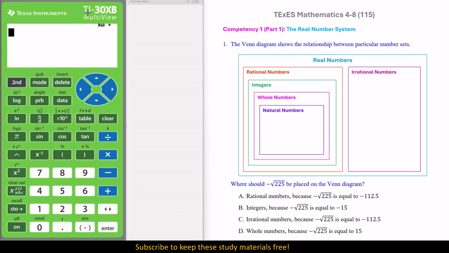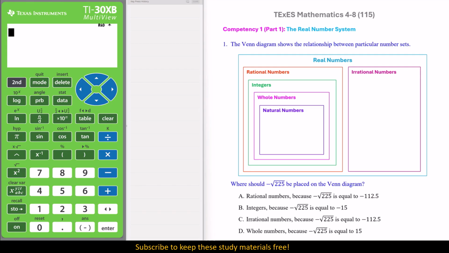And notice the irrational numbers are a subset on their own, and they're only a subset of the real numbers, okay? Now, our question says, where should negative square root of 225 be placed on the Venn diagram?